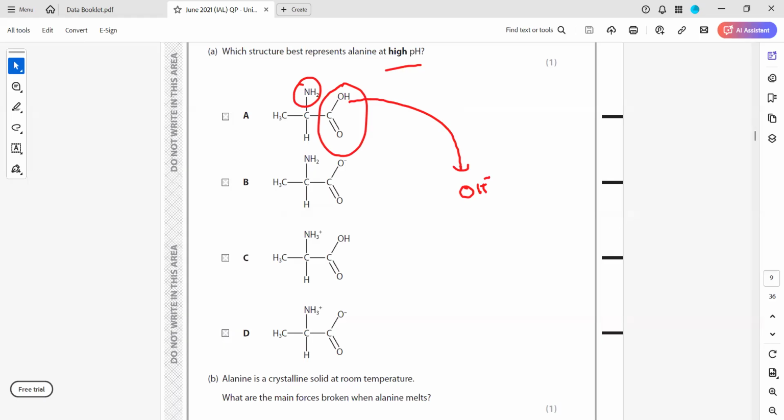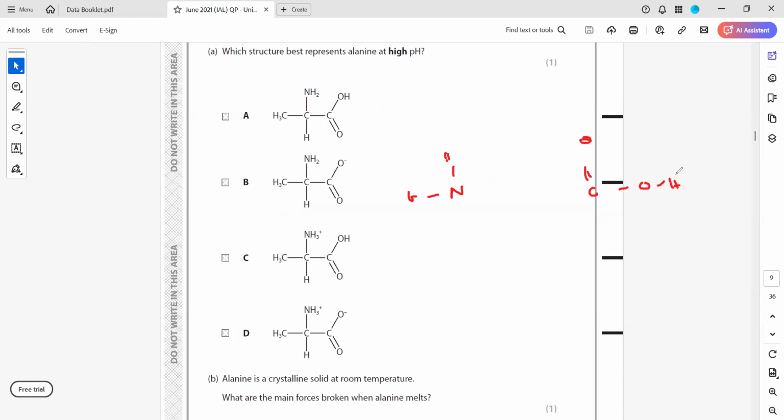If you remember the existence of amino acids, one side has the amine group and the other side has the acid group. First, in a neutral solution, the acid will lose a proton and the amine will gain a proton. So this will become NH3 plus and this will become COO minus. This is what usually happens in a neutral solution.